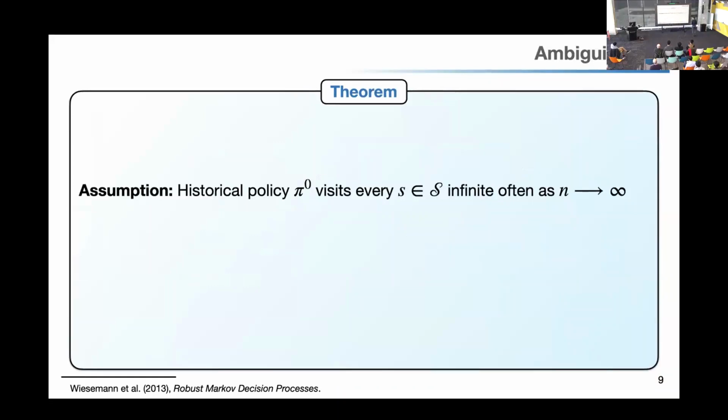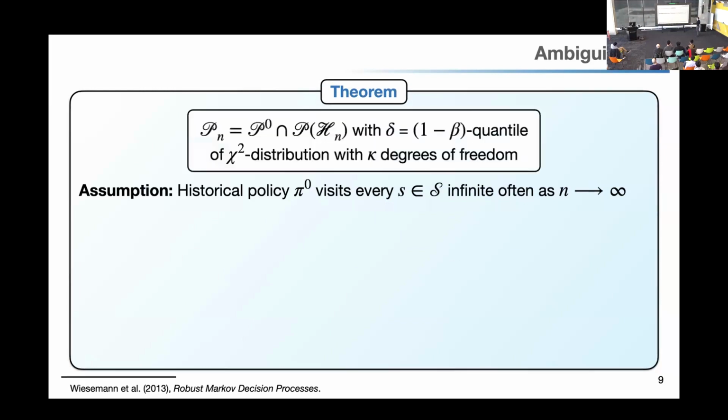Let us assume that the historical policy that generated this state action history is sufficiently diversified so that it visits every state infinitely often if the state action history would grow infinitely long.